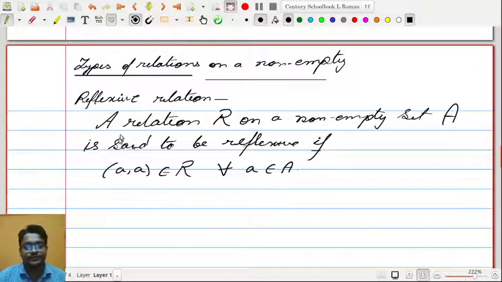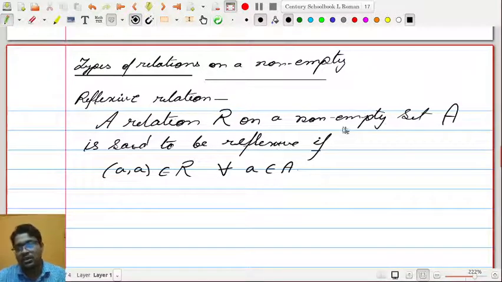The empty relation is trivially reflexive, so we don't consider the empty relations. It's trivially reflexive because you cannot find an element a such that (a, a) doesn't belong to R, because A is an empty set.